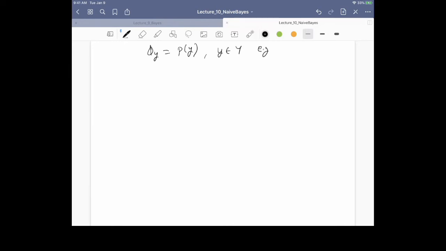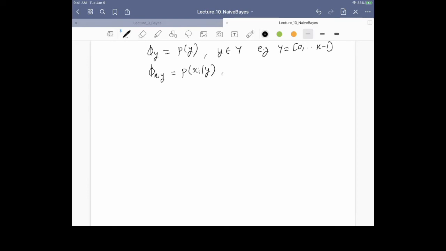So I'll give you an example. Suppose capital Y is 0 to k minus 1, right? Then phi_y will basically take k values. Then also define parameters phi of x_i, y for the ith feature as p of x_i given y.